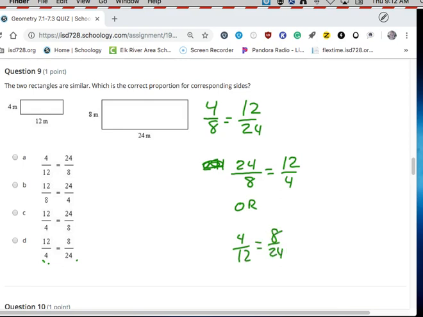Now, unfortunately, when we're talking about corresponding sides, we needed to make sure it was this one here, but the selections provided did not cover that at all. We were looking for 4 to 8 and 12 to 24, and it's not here.